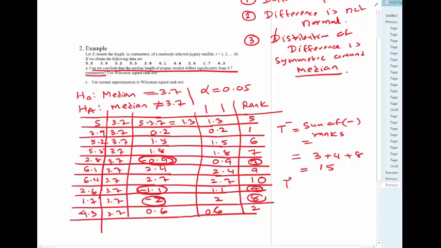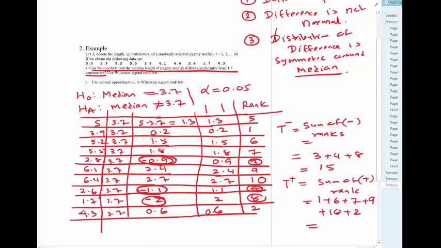And I can add the positive ranks. These values, before you take the absolute value, are positive. So the ranks associated with those are the positive ranks. So you have 1 plus 6 plus 7 plus 9 plus 10 plus 2.